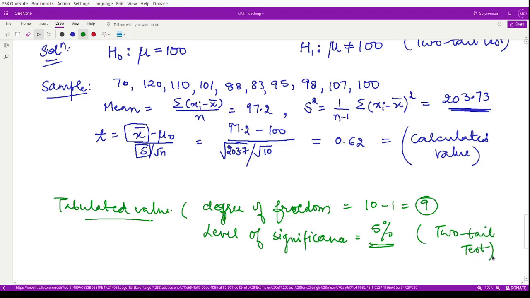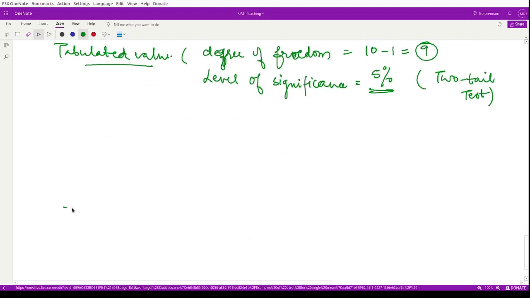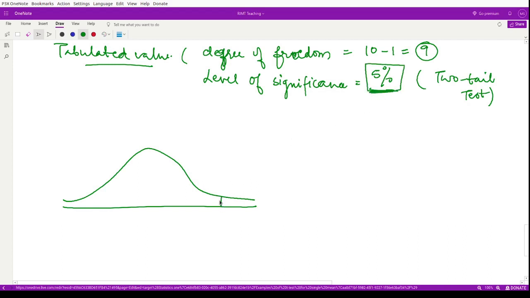So for a two-tail test, what happens here? For the critical region, suppose this is the given distribution, so your 5% would make up all of the critical region. Now your critical region lies on both sides of this distribution. So one is this portion, another one is this portion. So here we say that your 5% is divided into two portions. So we will check our result at 2.5% on both sides.